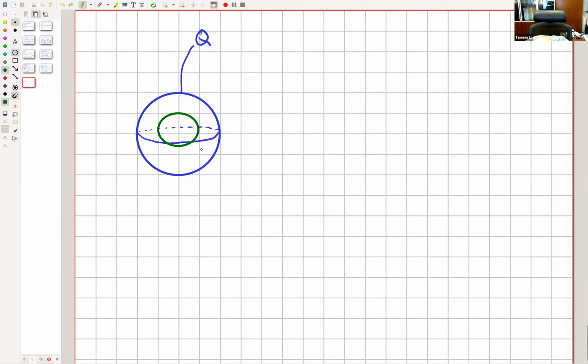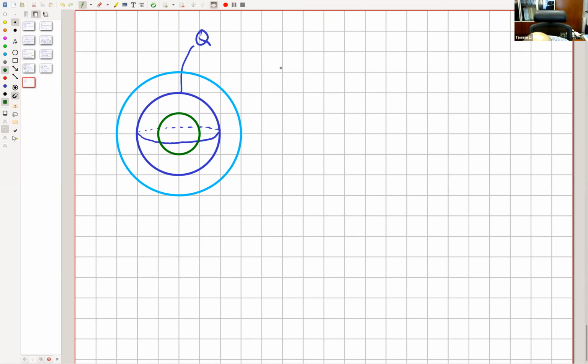One is a sphere inside, and one is a sphere outside. One here, one here. Okay. So now let's take a look at the sphere inside.